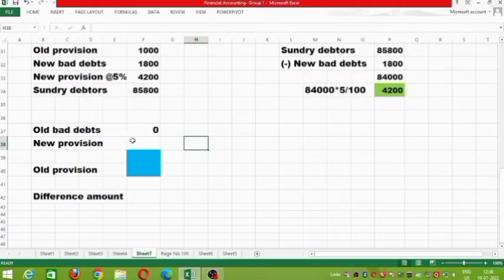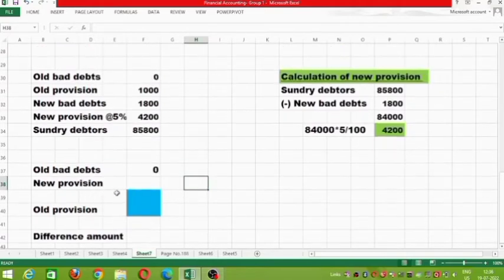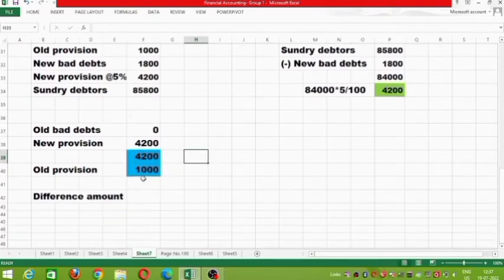Old bad debts they have not given, that is 0. New provision 4,200, so the total remains the same 4,200 as old bad debt is 0. Next, old provision they have given in the problem, that is 1,000. So here we can see old provision is lesser than the total of old bad debts and new provision.